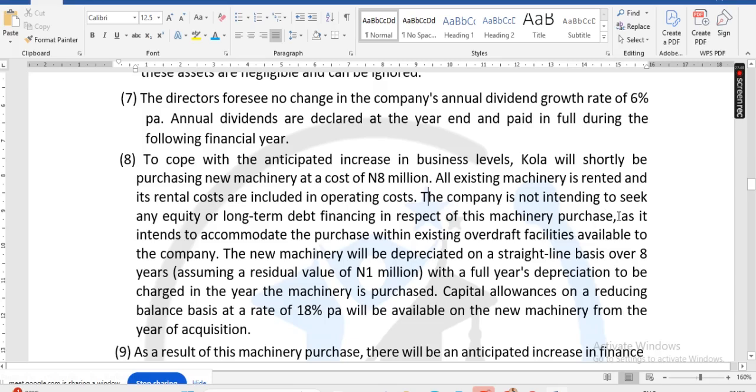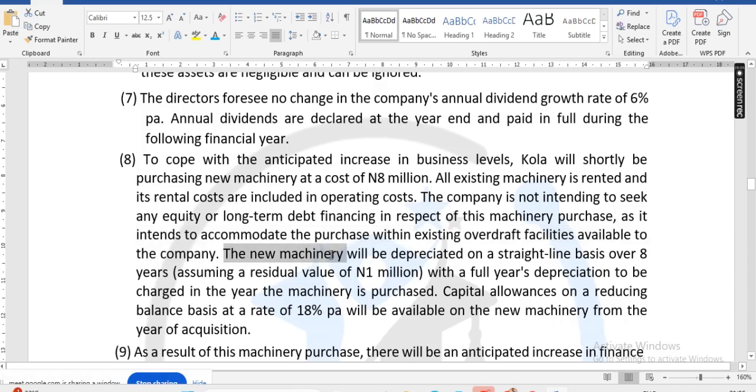Now, it intends to accommodate the purchase within existing overdrafts, which means that they purchase this machinery using the overdraft facility available to the company.